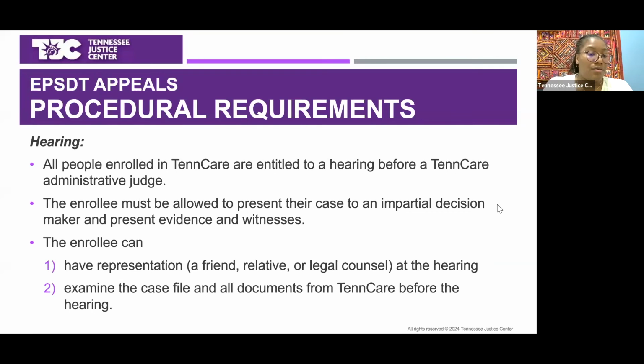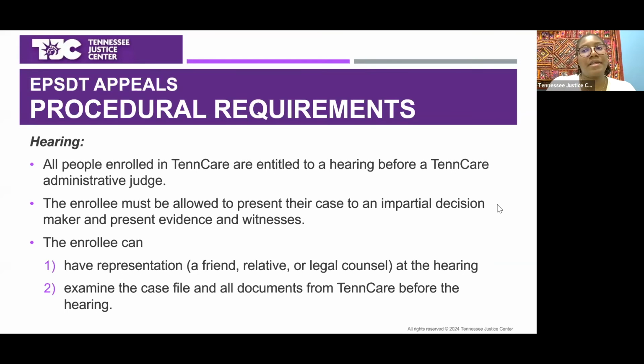Also, during the appeal, you can have representation. This does not have to be legal counsel. It can be a friend or relative, anybody who can speak for the person who is enrolled in TennCare, and can speak on their behalf and present the evidence and witnesses that we've discussed. You also have a right to examine the case file.